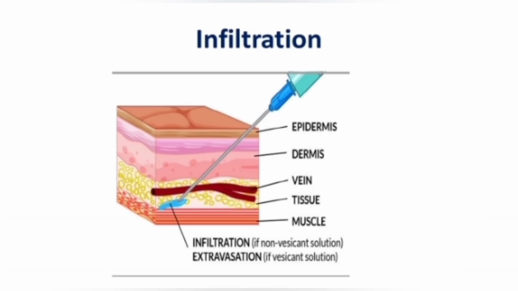Infiltration can be caused by improper placement or dislodgement of the catheter, and even patient movement can cause the catheter to slip out, or by poorly secured infusion devices.